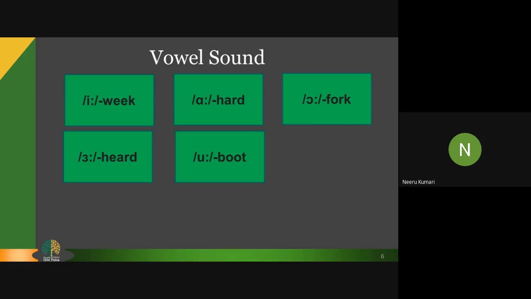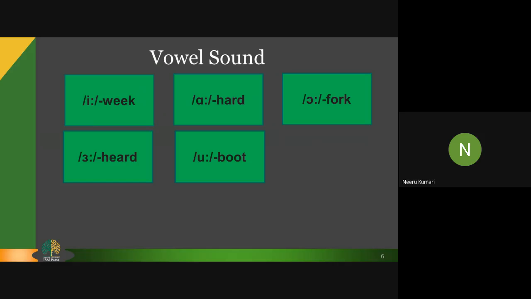E as in weak, a as in hard, aw as in fork, er as in heard, oo as in boot. Now, as we are stretching the sound, these are called long vowel sounds.